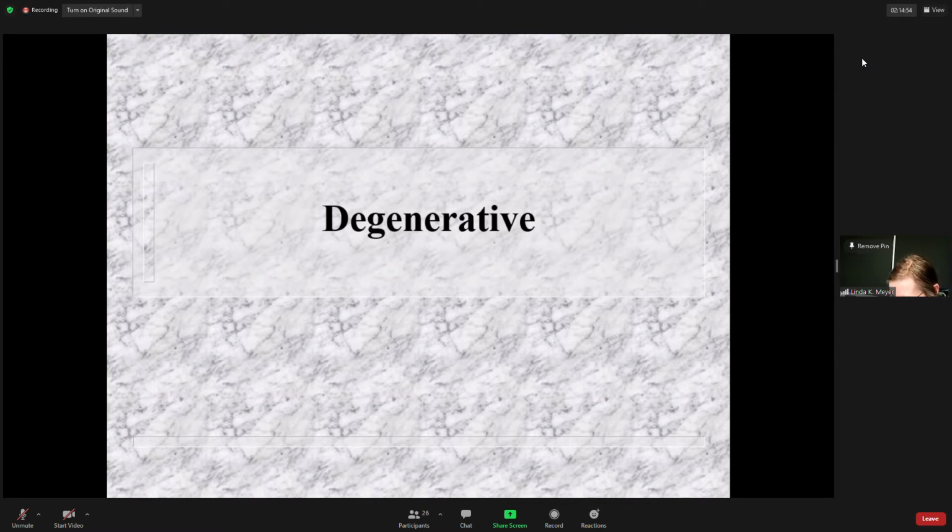So we can say almost every system or organ can be affected by a degenerative disease. For example, a degenerative disease of the joints is osteoarthritis, or a degenerative disease of bones that's more common in women.